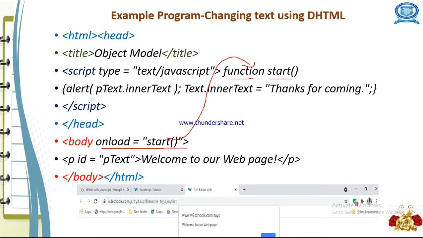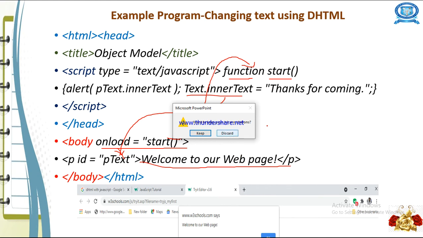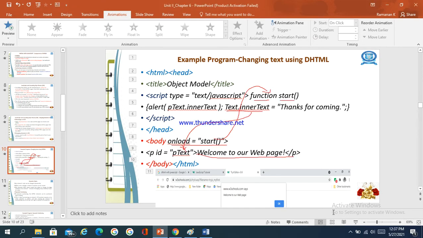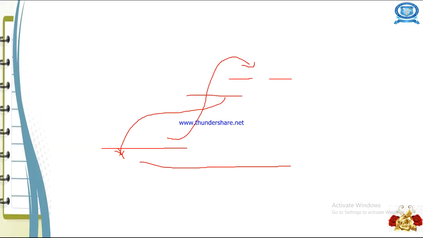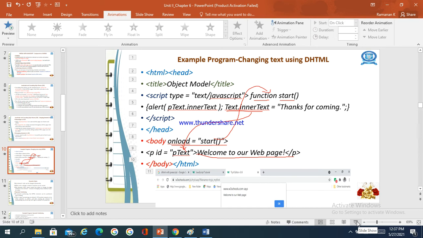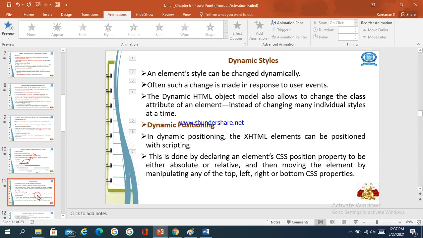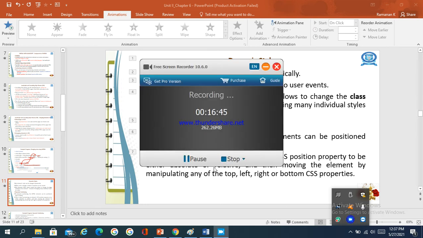This is a keyword. Then by using innerText, it displays the output: Welcome to our web page. This is an example program for this particular concept. Then we go to the next topic, dynamic style.